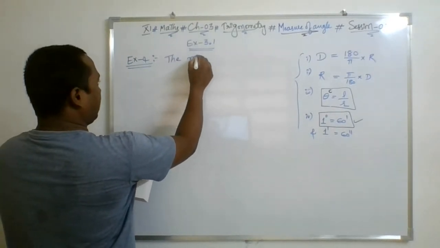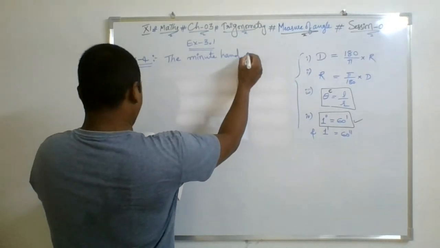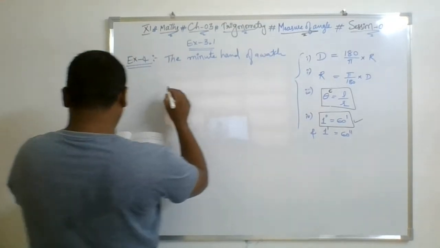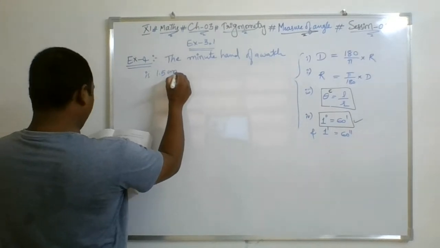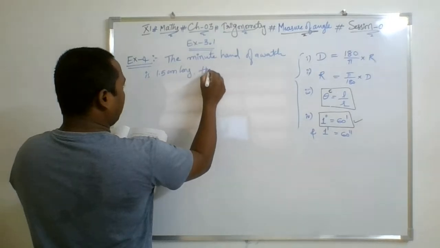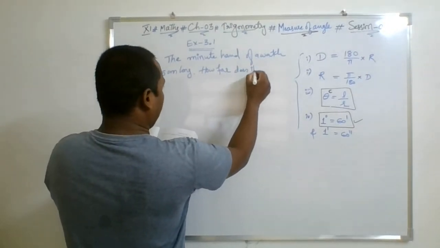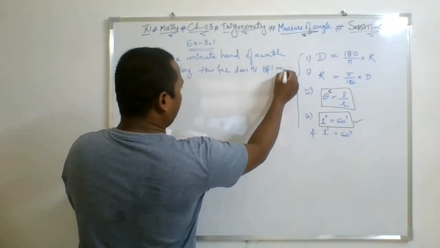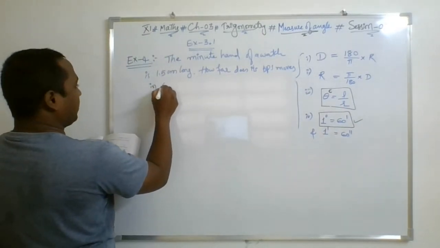The minute hand of a watch is 1.5 centimeter long. How far does its tip move in 40 minutes?